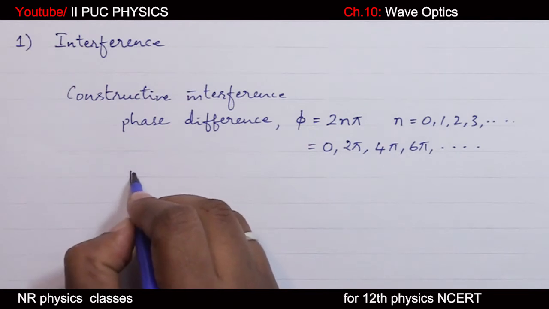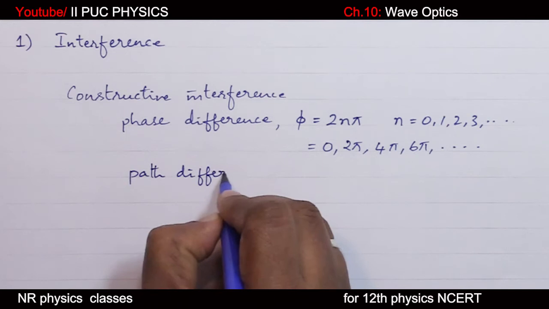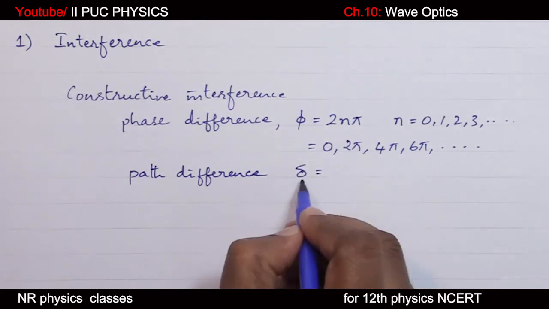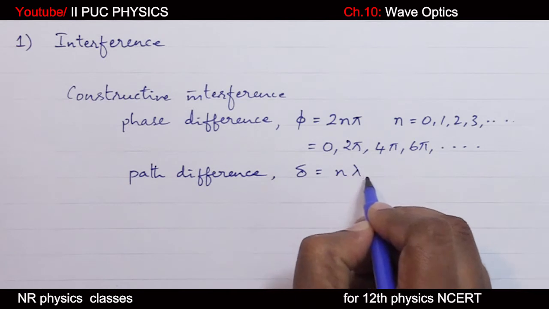In terms of path difference, denoted by delta, path difference delta equal to n lambda.